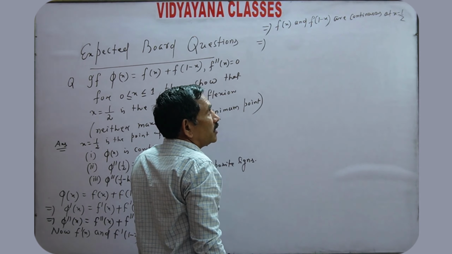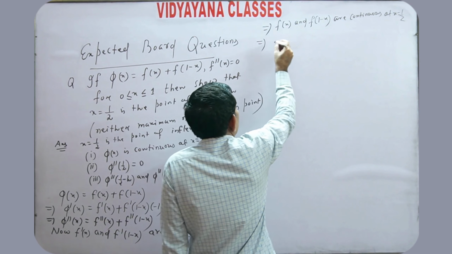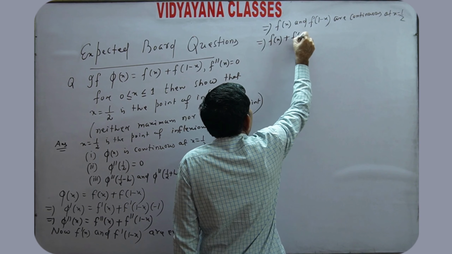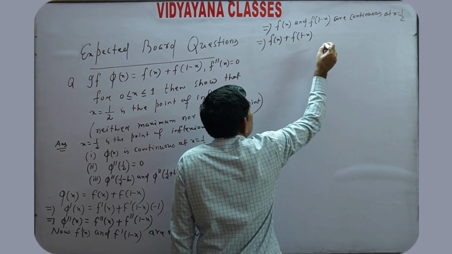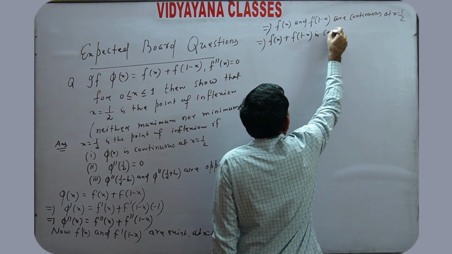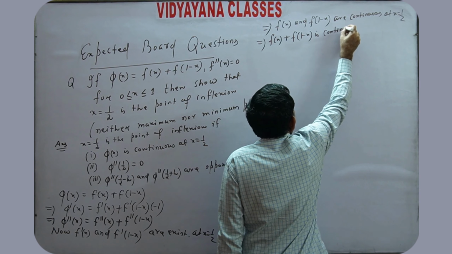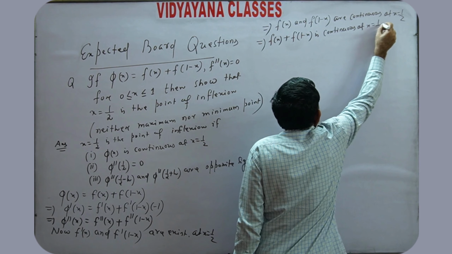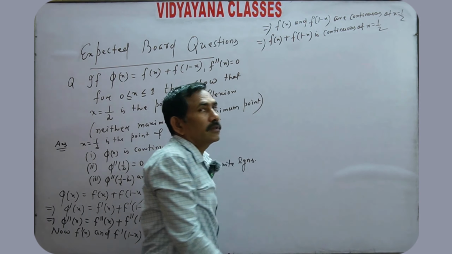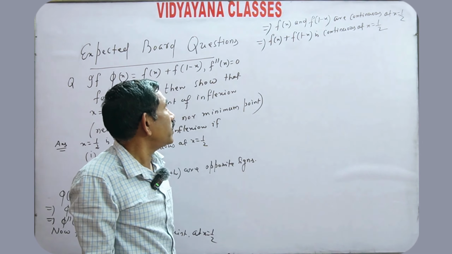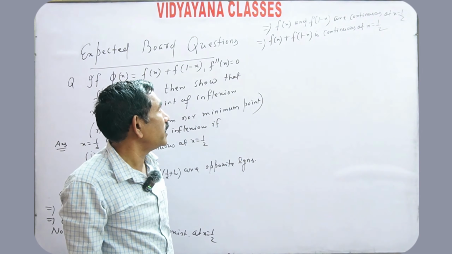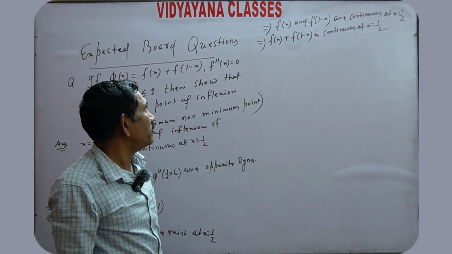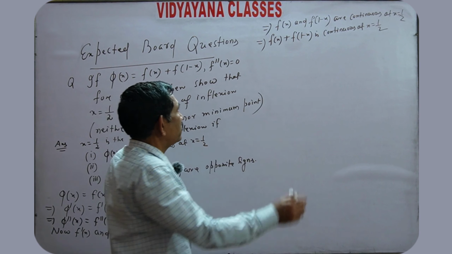Sum of two continuous functions is continuous. Since f(x) and f(1 minus x) are continuous at x equal to half, its sum is continuous at x equal to half.